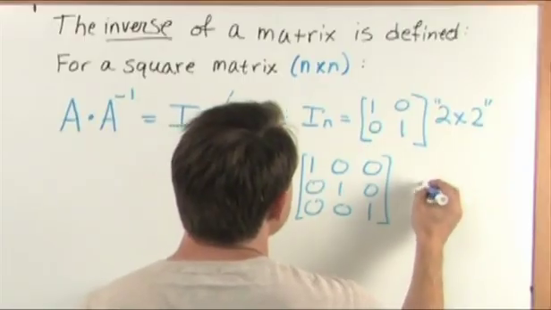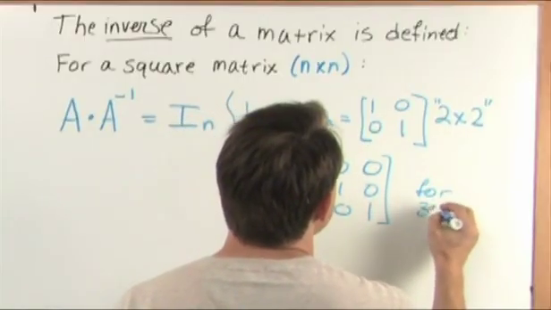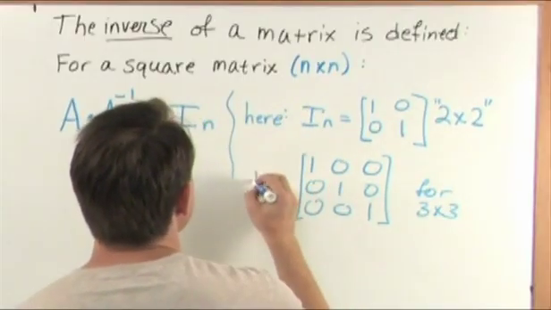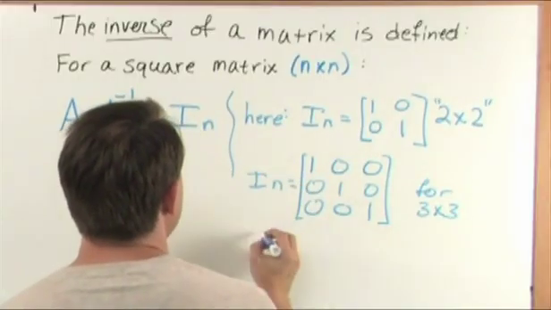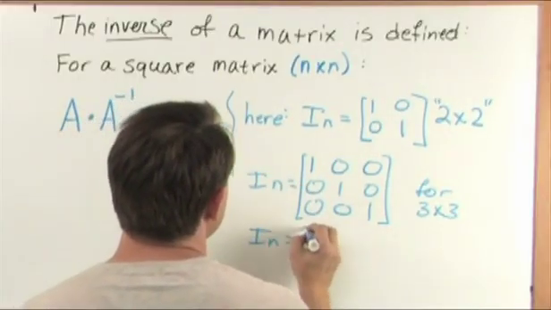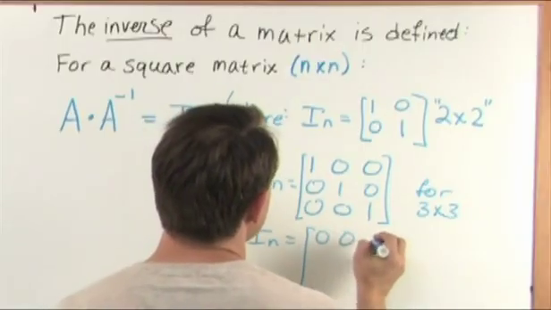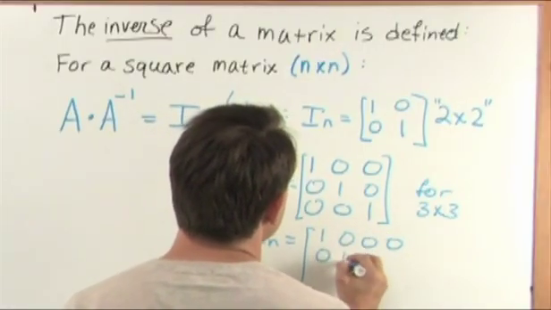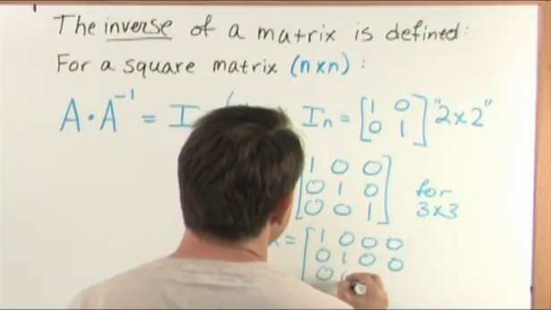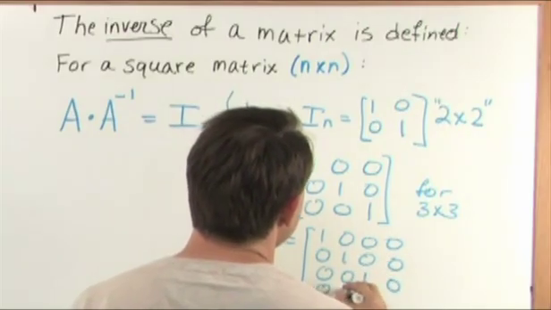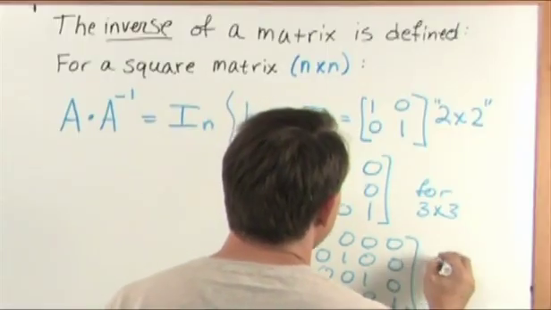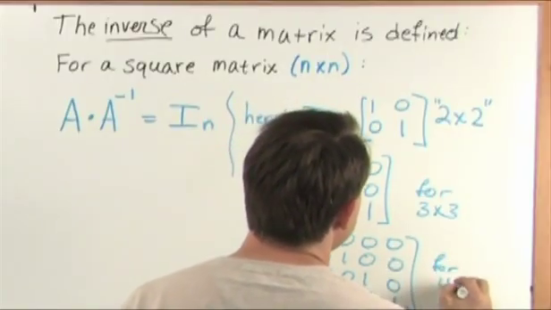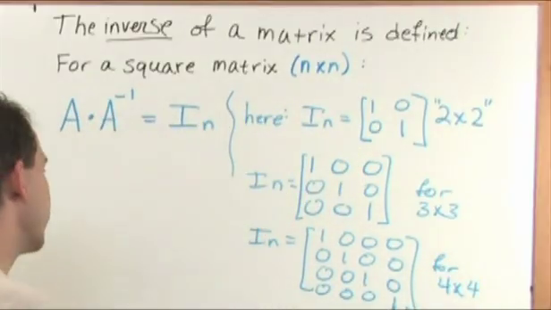You'll see a pattern here for 3 by 3. The identity matrix can look like this. 1, 0, 0, 0, 0, 0, 1, 0, 0, 0, 0, 1, 0, 0, 0, 0, 1. 4 by 4. Okay, you see what's going on here.